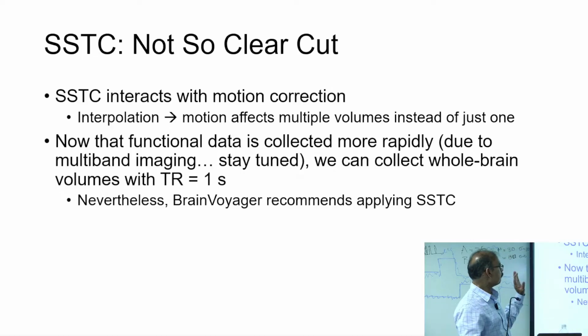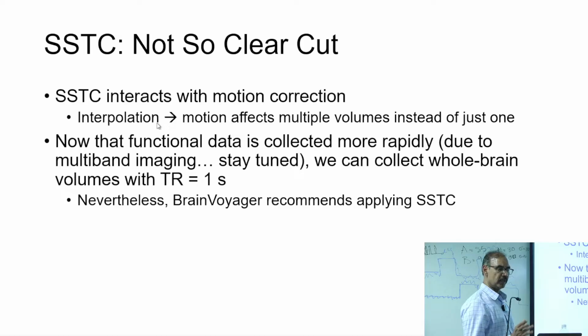Again, sometimes this slice time correction is not very easy to do because it may interact with the motion correction, right? Because if you do interpolation, the motion affects multiple volumes instead of just one, right?